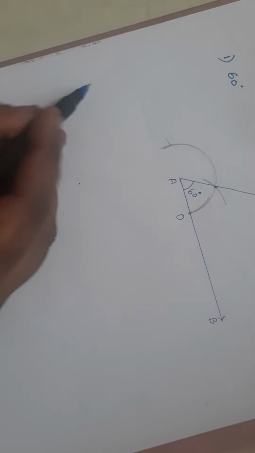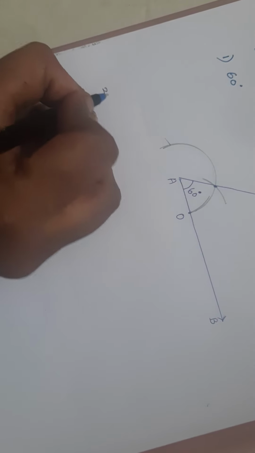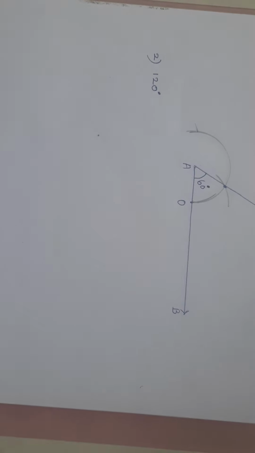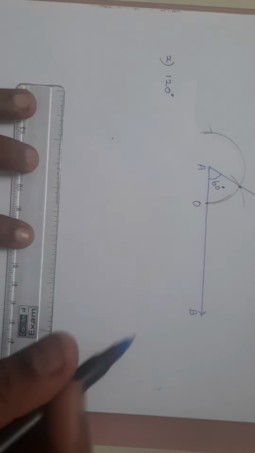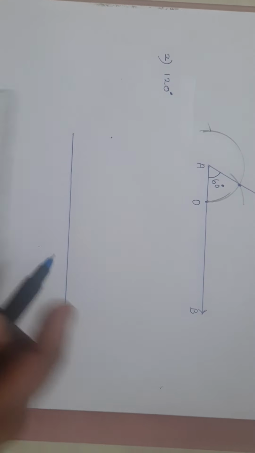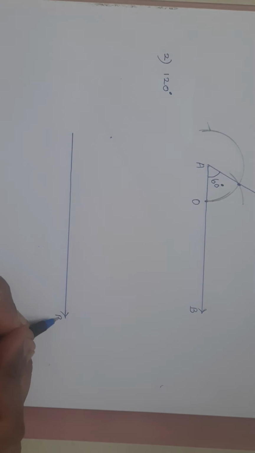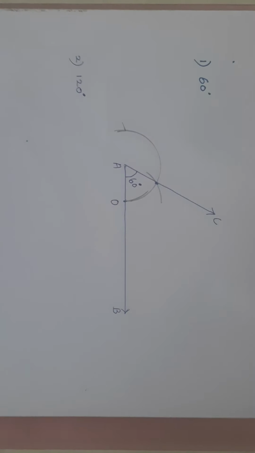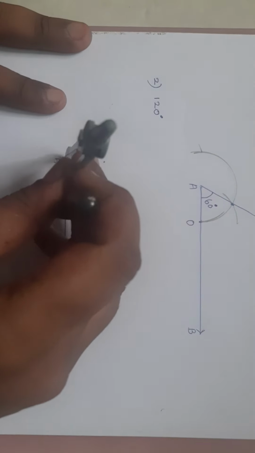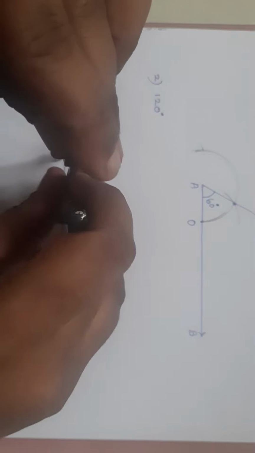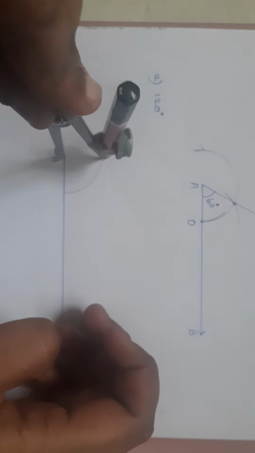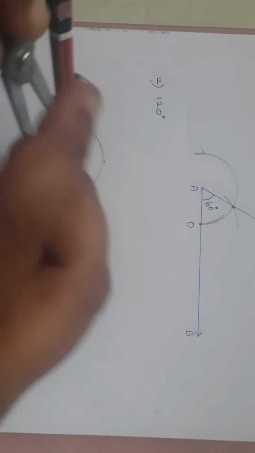The next one is 120 degree. So how to draw 120 degree? Same ray AB. Take the compass, draw an arc.